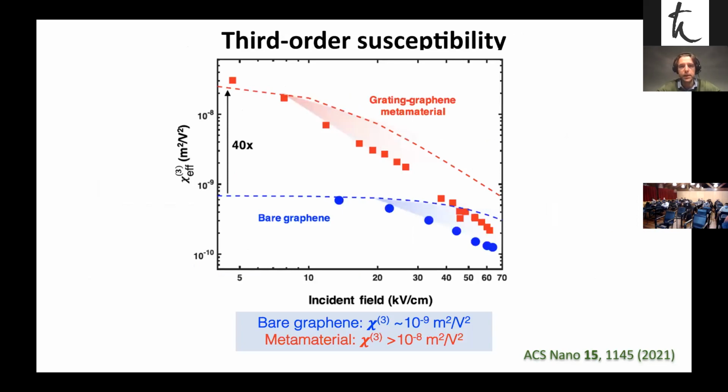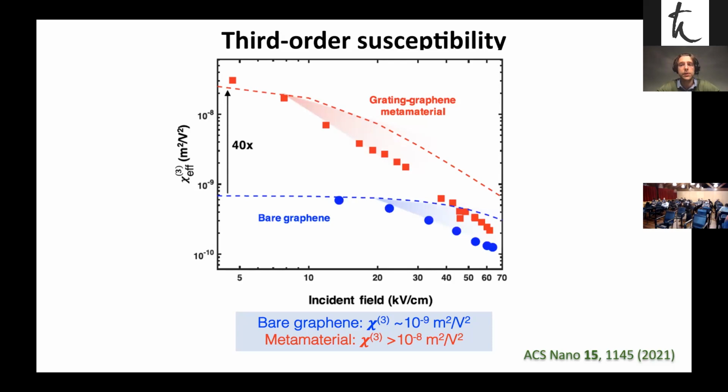So what happens is that in this grating graphene metamaterial, where we have these metallic gratings deposited on top of graphene, isolated by a very thin layer of aluminum oxide, you get a very strong enhancement of your nonlinear susceptibility. It's enhanced by around a factor 40, which means that now we have a nonlinear susceptibility on the order of 10 to the minus 8 meters squared per volt squared.